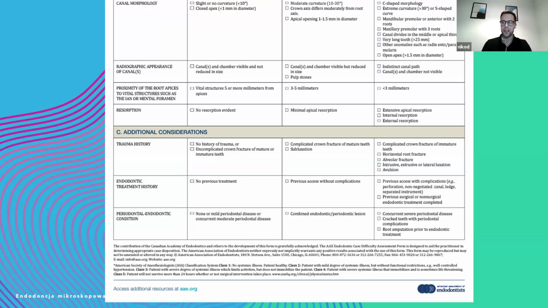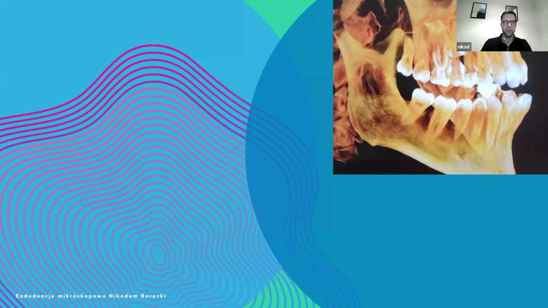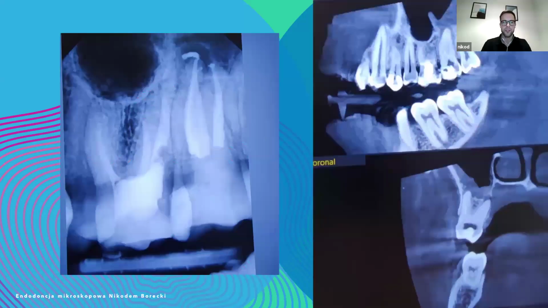And this is my patient, who was referred to me with a second molar, and I thought it would be an easy case. But when I did tomography, CBCT, you can see that the roots of this tooth penetrate into the maxillary sinus. So compared to the American Association criteria, it will be a high difficulty case.